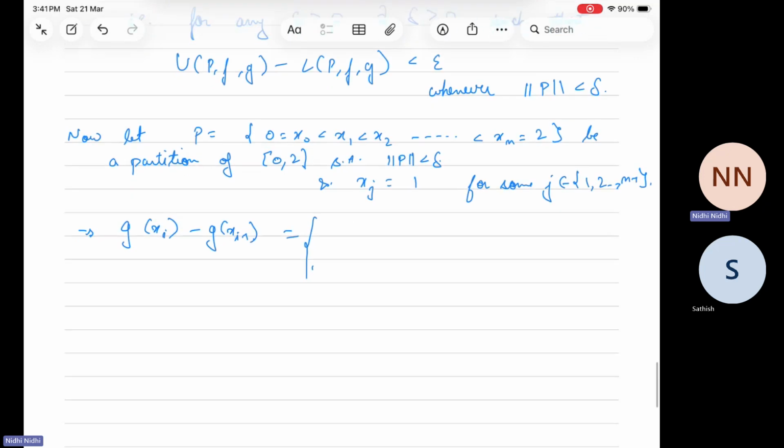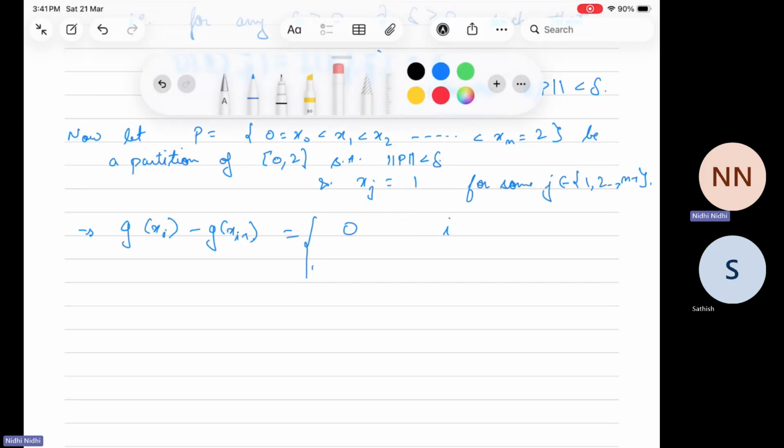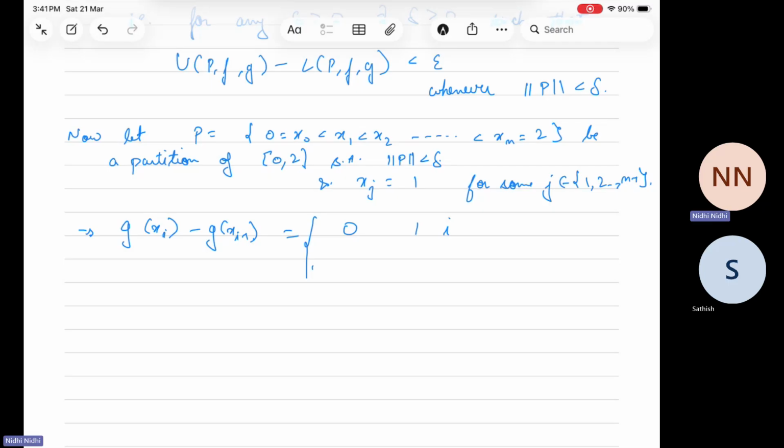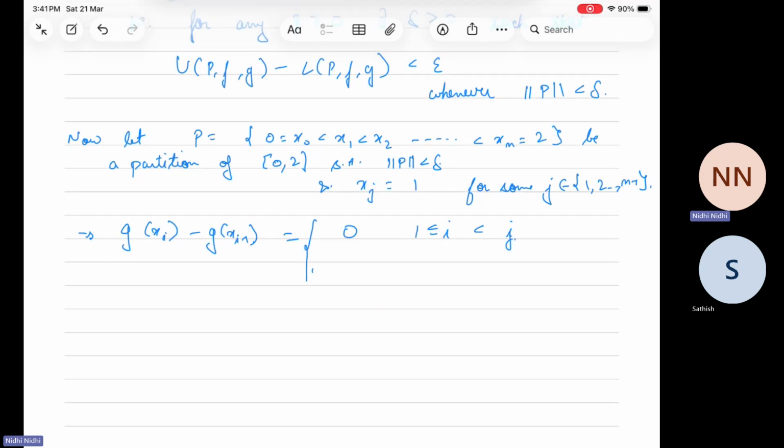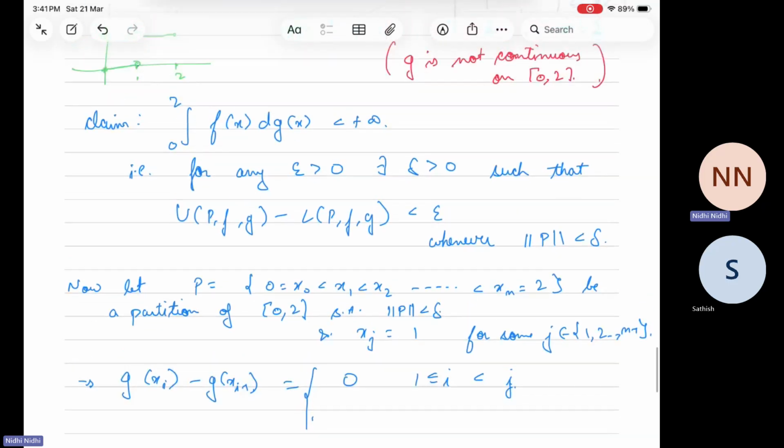So this is equal to 0 when i is starting from 1, that is 1 ≤ i < j. For xi strictly less than xj, this will be up till g(xj) minus g(xj minus 1).